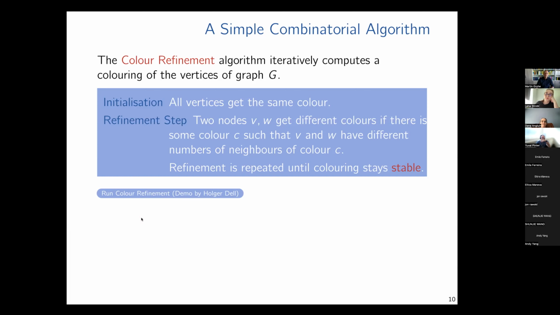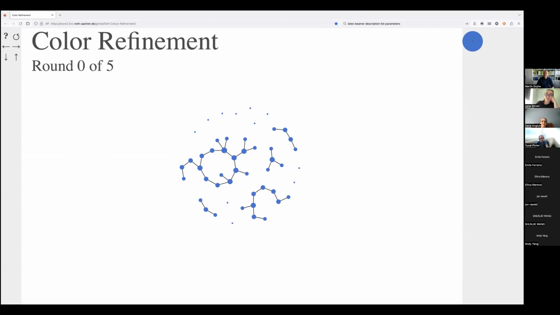I think I have to share the other screen. Okay, now you should see my color refinement demo, which Holger Dell wrote. This is our initial graph. All vertices have the same color, blue.